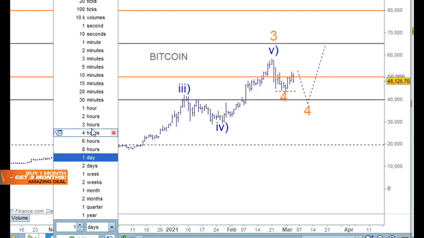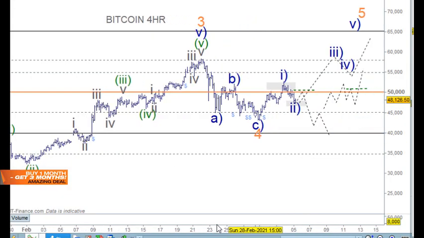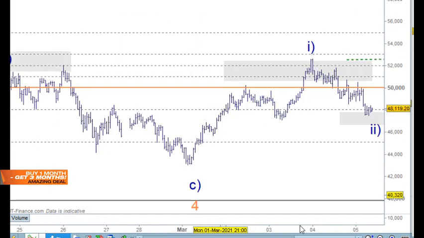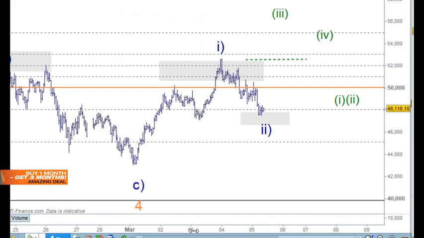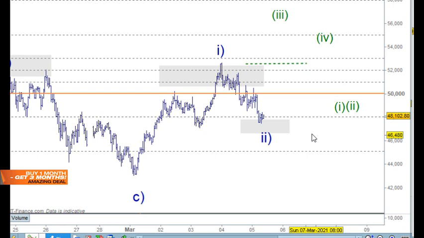So from the 4-hour chart, we're just going to go to the 1-hour chart here. This would be the wave 4 low, looking at this, and a bit hopeful having the wave 1 here, I have to say, and wave 2 here. But let's just see how this plays out.